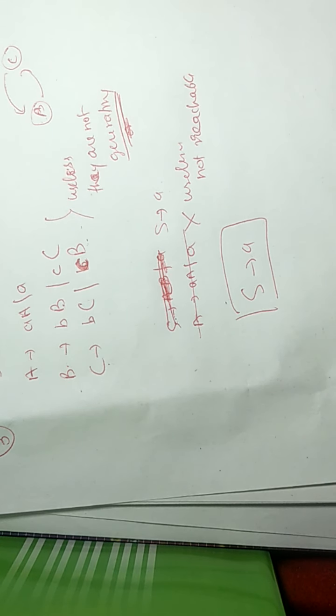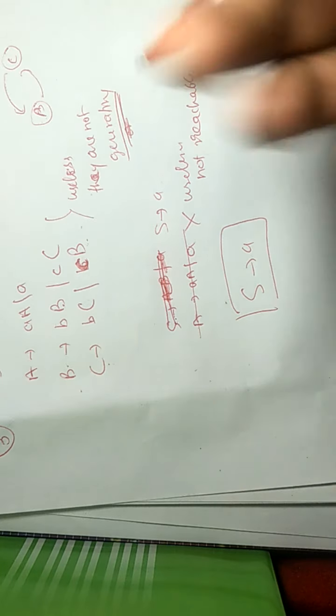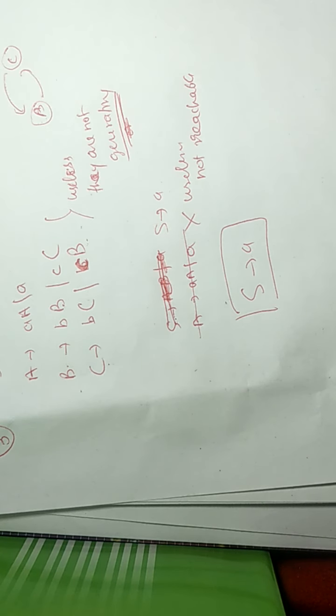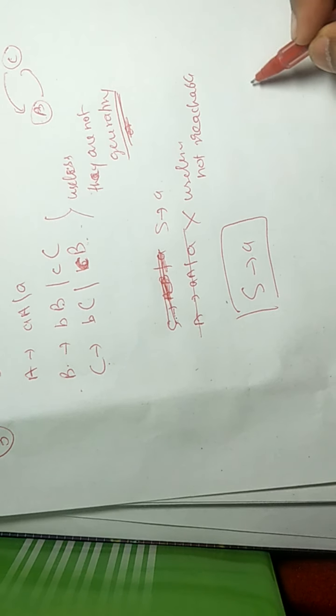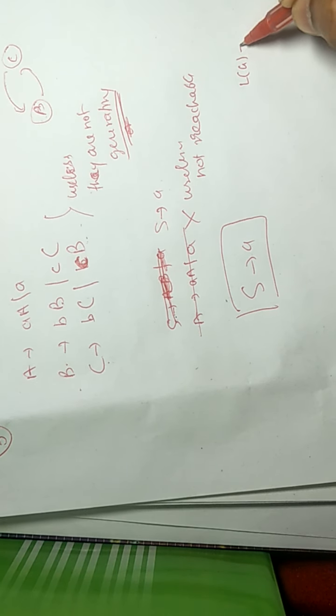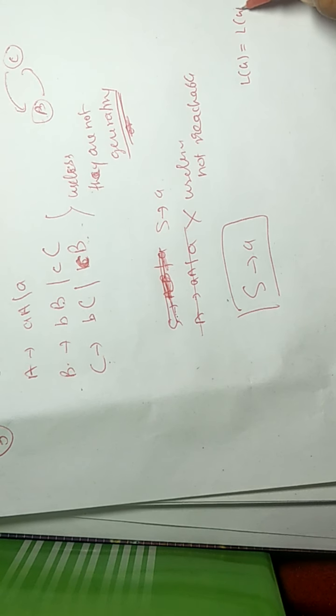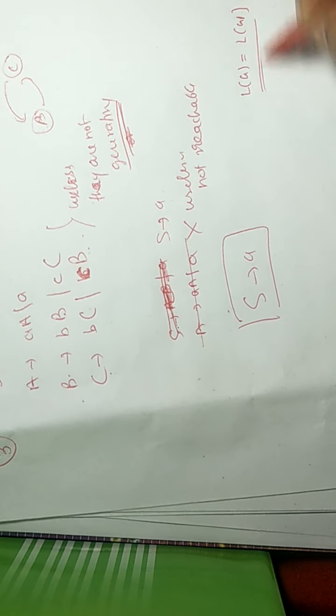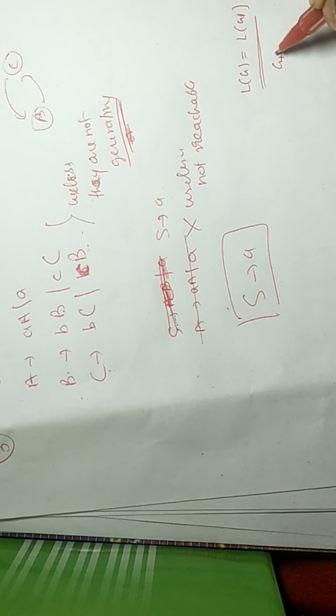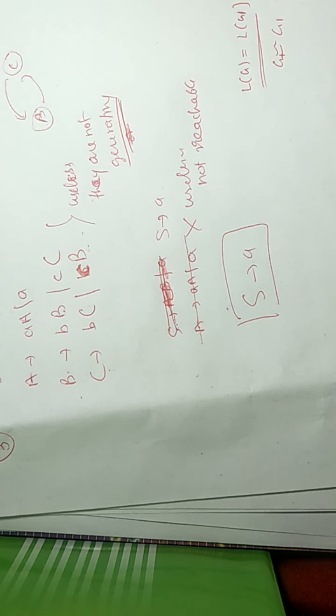So in the removal of useless production, because there is no use of these productions, we can easily remove them and get a simplified grammar that is equivalent to the original grammar. When we say it is equivalent, it means that L of G is equal to L of G1.